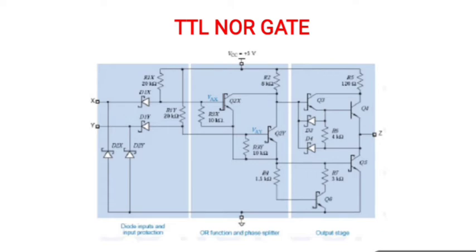In order to avoid deep saturation or the storage time of the transistor. Basically, the transistor works as a switch in the saturation stage only. So to avoid deep saturation, we use the Schottky diode in parallel between base and collector, and this reduces the delay.